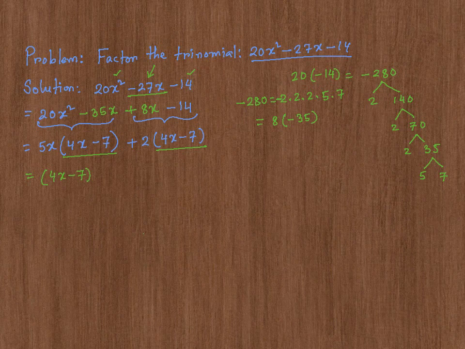And if I factored out 4x minus 7, in the first term I'd be left with 5x, and in the second term I'd be left with positive 2. So the factorization of this is 4x minus 7 times 5x plus 2.